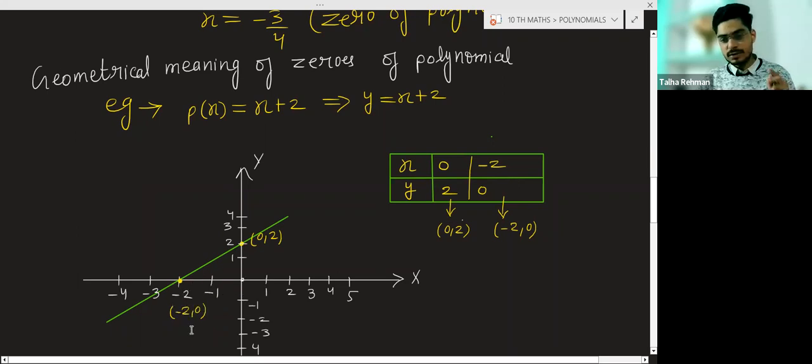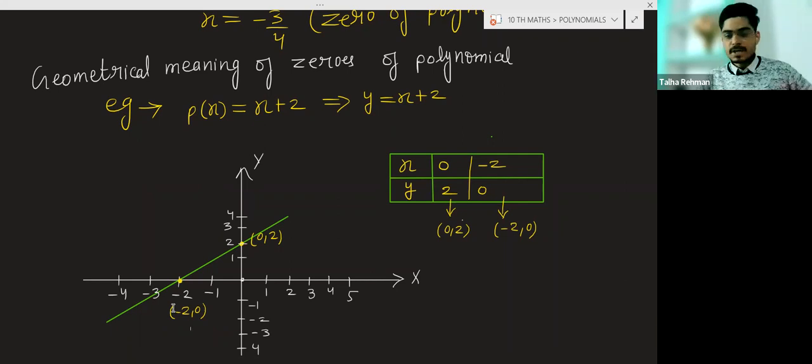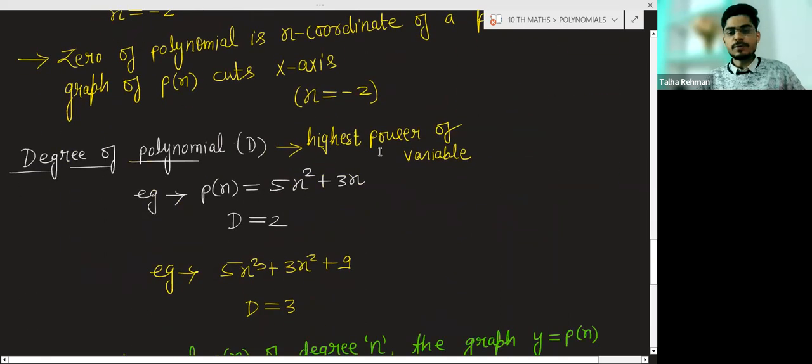Means the line intersects the x-axis at a point, and the x coordinate of that point will be the zero of a polynomial. Zero of a polynomial is the x coordinate of a point at which the graph of the polynomial cuts the x-axis. Degree of a polynomial, I told you, is the highest power of the polynomial. For example, in this degree is 2, in this degree is 3.